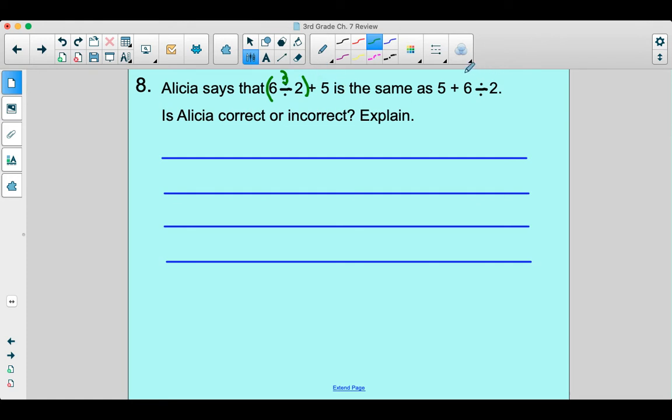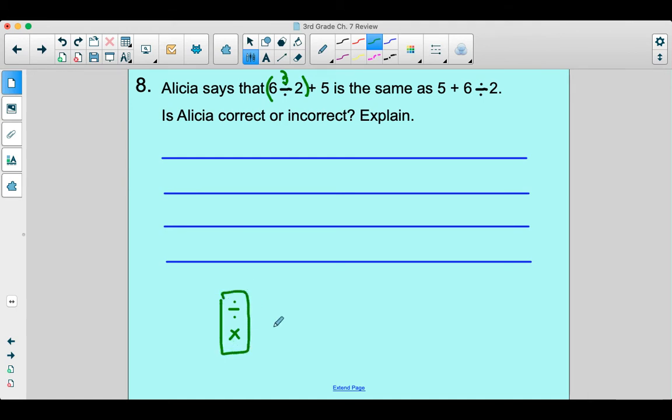Let's check over here. What would you do first over here? Would you do the 5 plus the 6, or would you do the 6 divided by the 2? Well, in the order of operations, which we're probably learning right now, we have to do division and multiplication first in order from left to right.